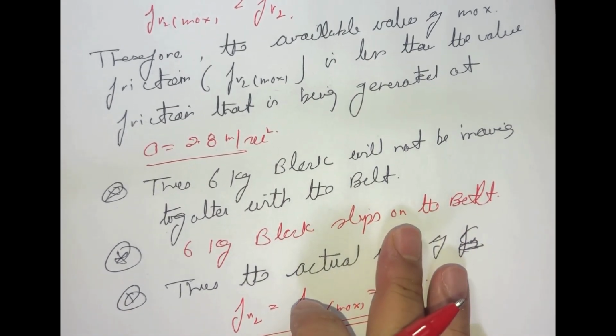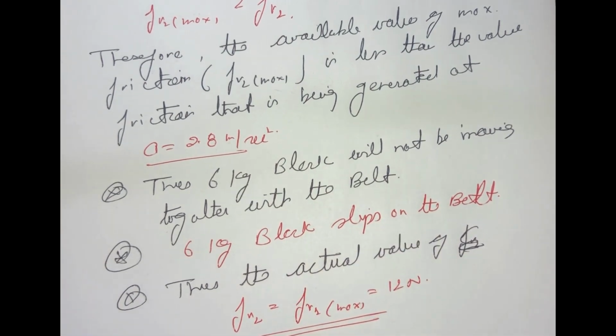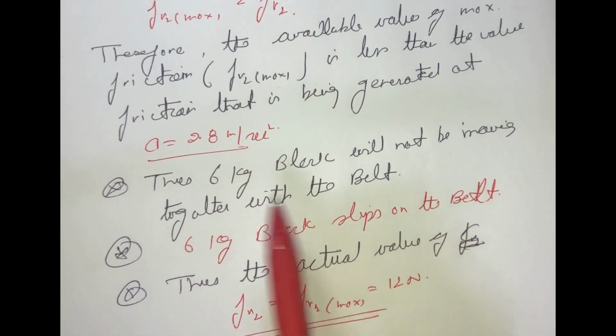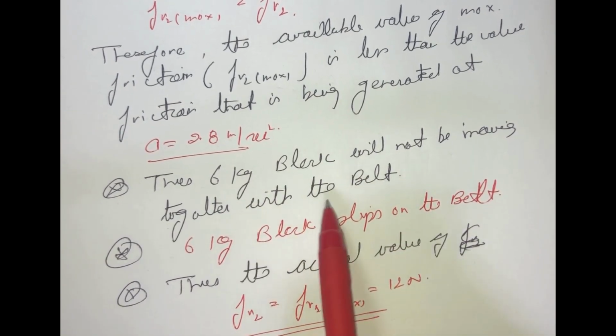So we found out the value of the friction, and now obviously the 6 kg block will not be moving together with the belt.